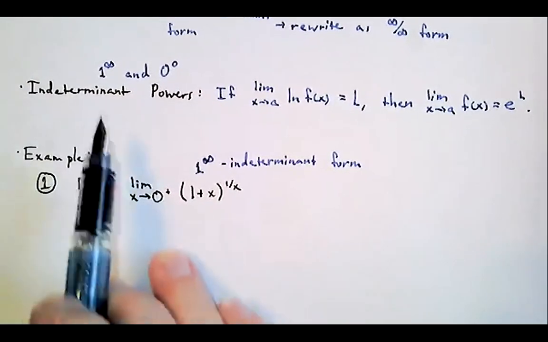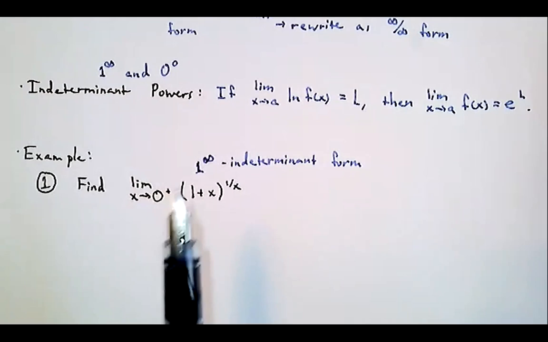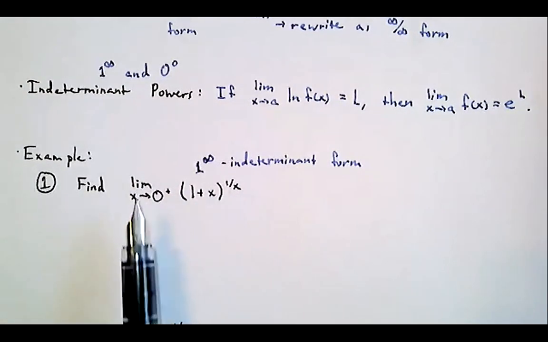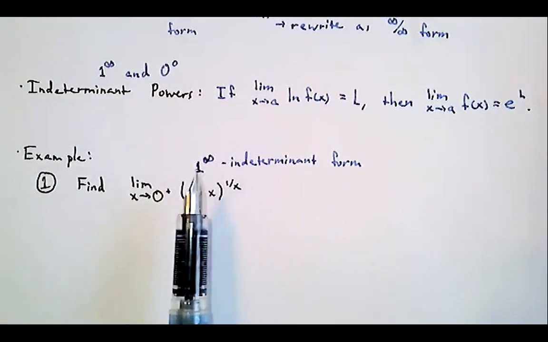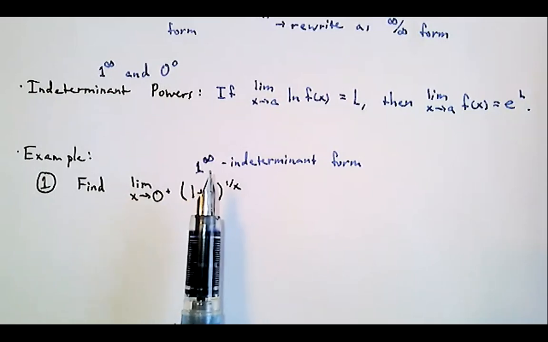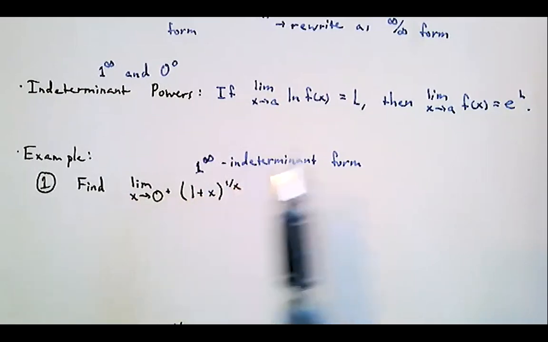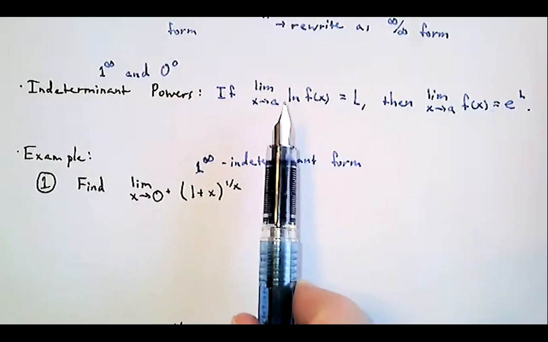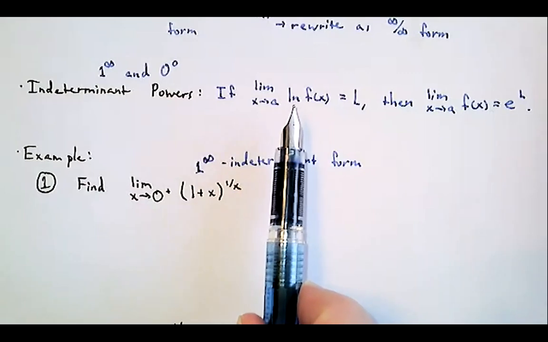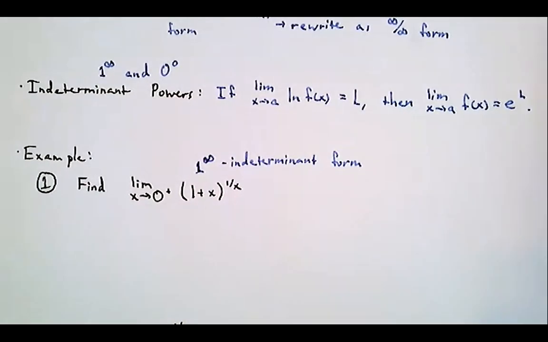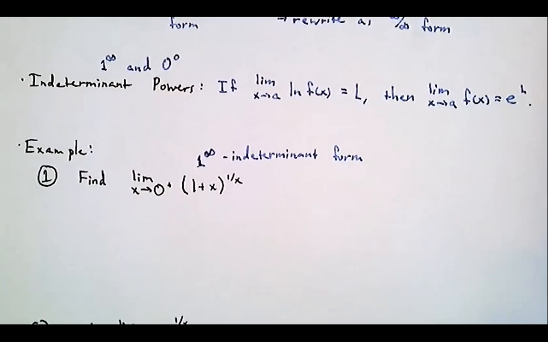And that means we're going to have to use this technique. So instead of looking at this original function, which we can't really find the limit for because it's indeterminate, we're going to instead look at the natural log of the function. And then we're going to see how that helps as we work.